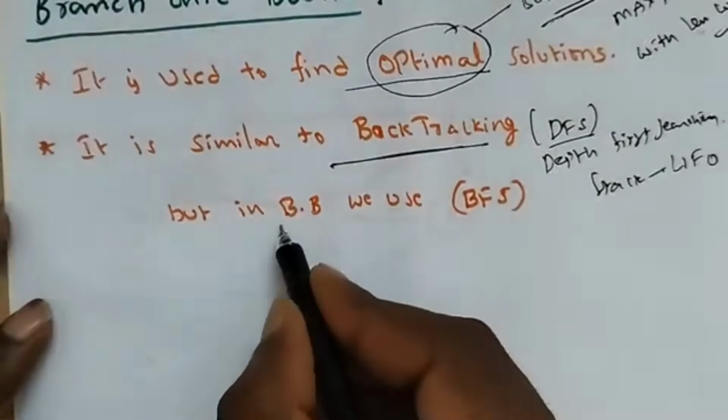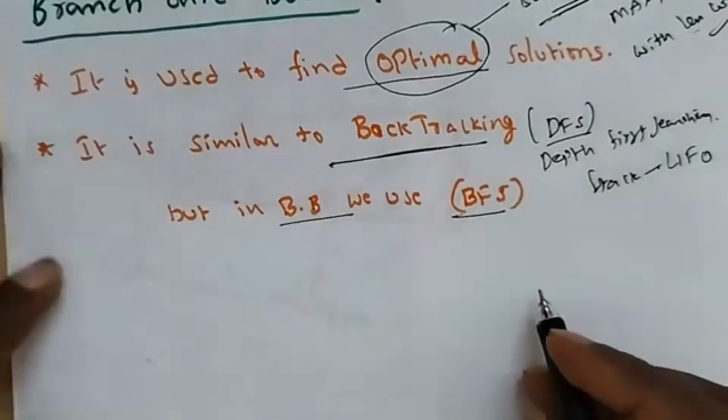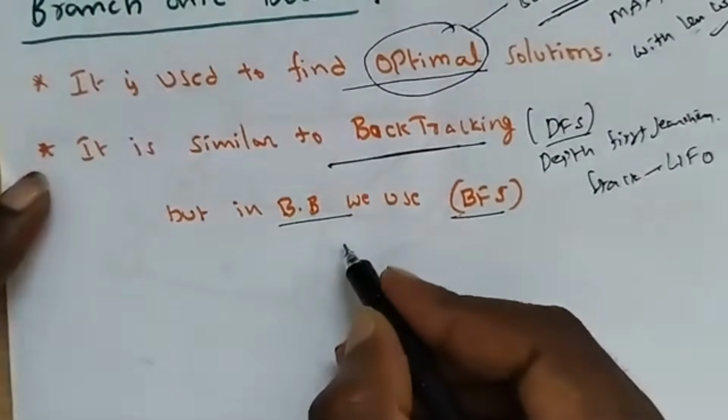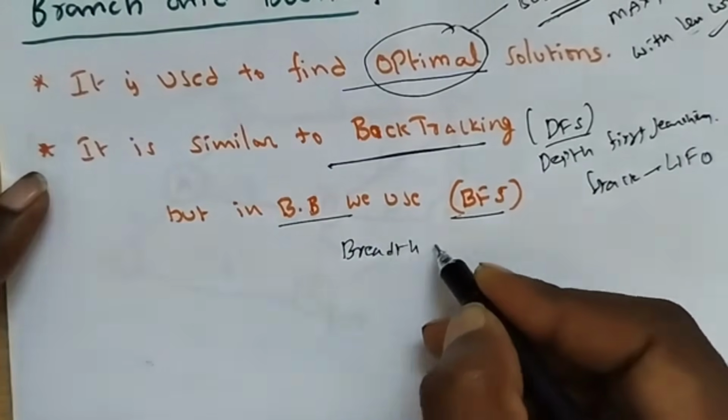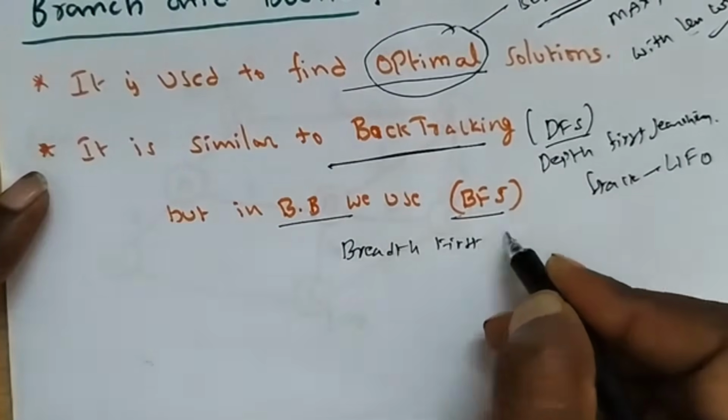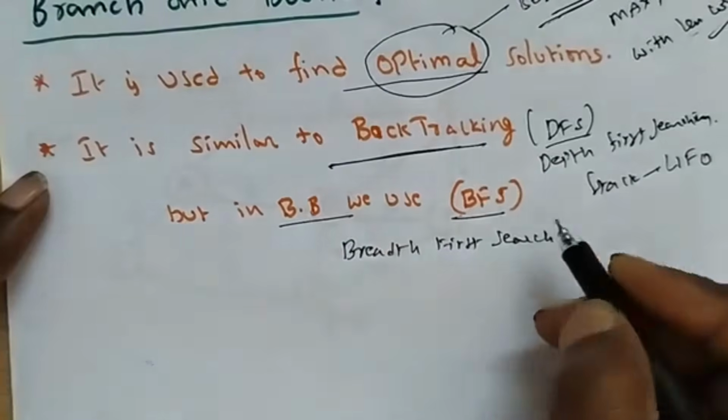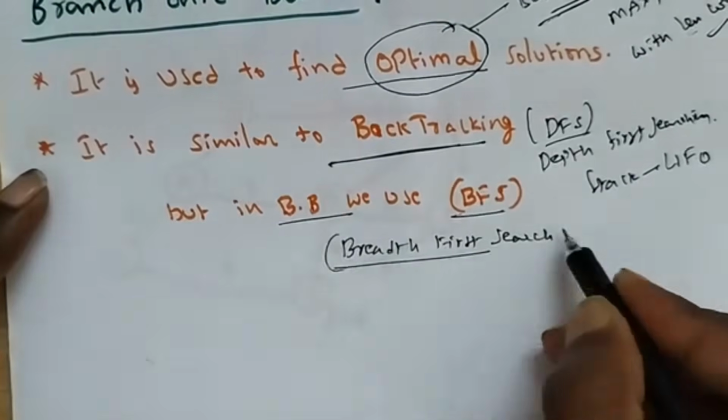And what about branch and bound? In branch and bound, we will use BFS. What is the meaning of BFS? Breadth first search.